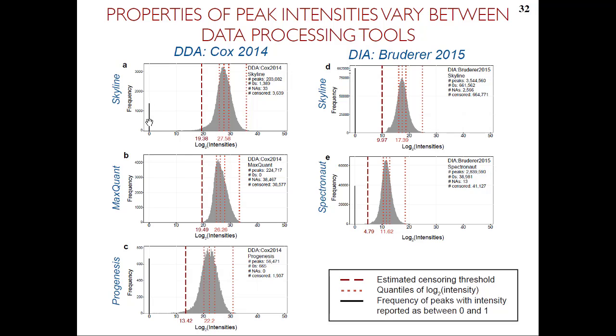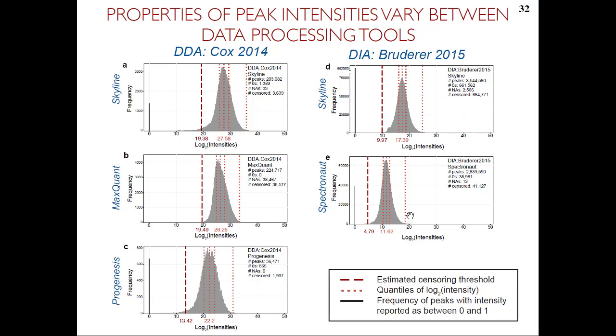Now here we have the count of values which are either numerically 0 or very, very close to 0. You see that Skyline has some, Progenesis has even more, MaxQuant doesn't have anything. Clearly, MaxQuant has some internal cutoff which is being applied. Now if you compare the number of features, you have 203,000 for Skyline, 224,000 for MaxQuant, 56,000 for Progenesis, and also a big discrepancy, 6,000 for Skyline and 2 million for Spectronaut.